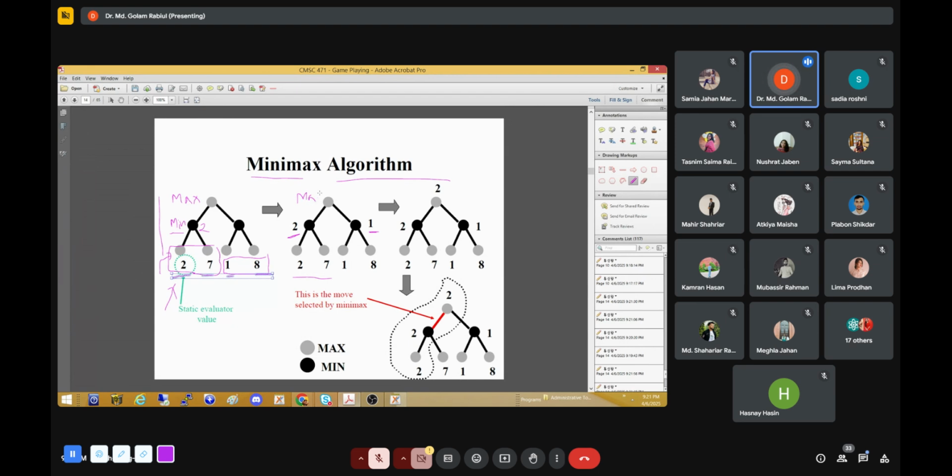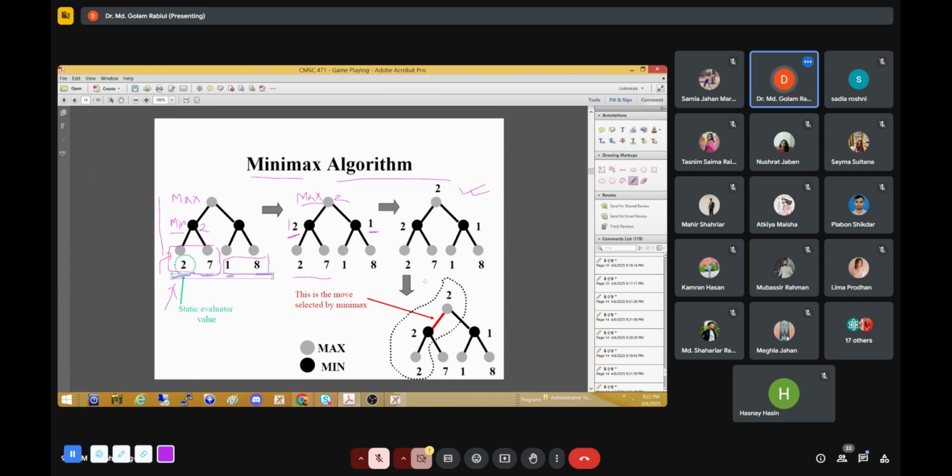This is the maximization phase. So it will try to maximize the utility. So between these two values, which one is the maximum? The maximum is 2. So it will consider here 2. Okay. So that means this is the node. So in this case, now we have to determine the search path, or we can say winning path.